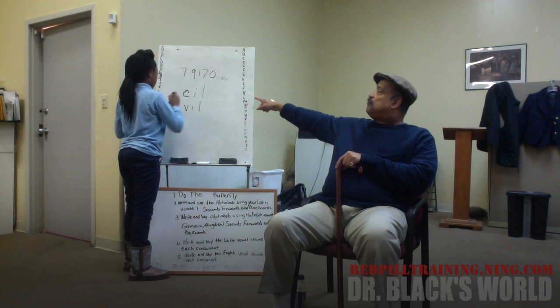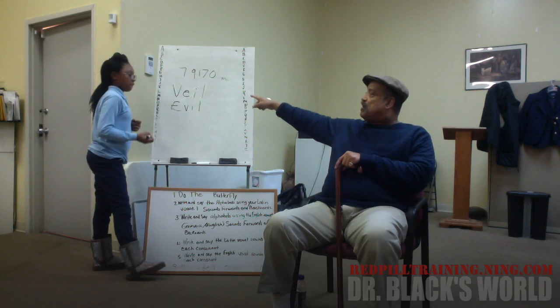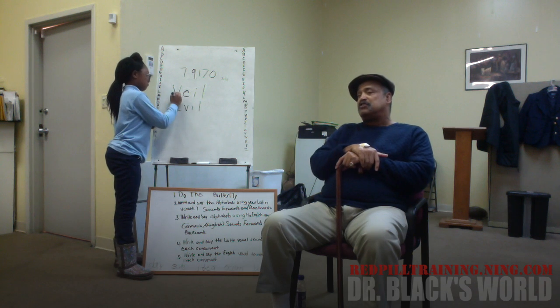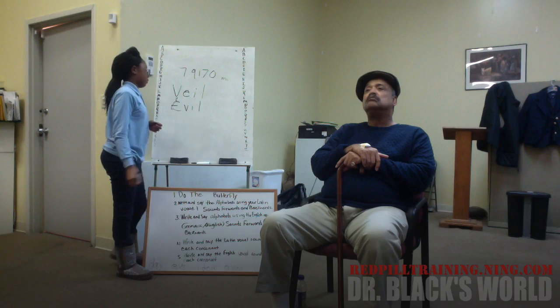All right, well, this veil up here, how is this veil the manifestation of evil? So a veil is something that covers up something. So when a veil is placed over your eyes, you will not be able to see.